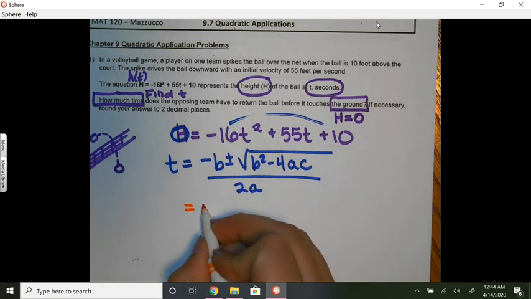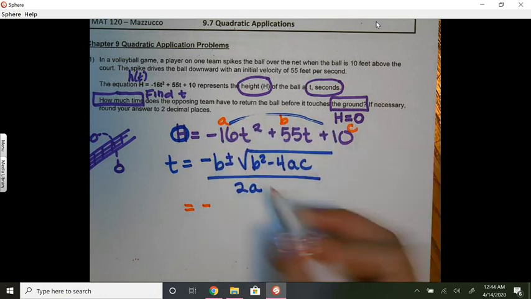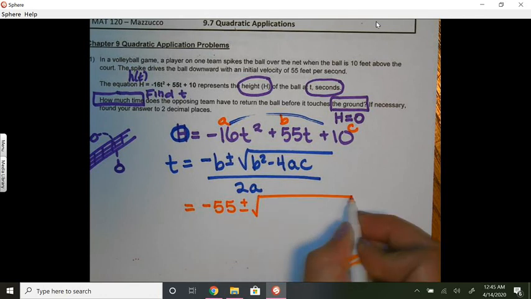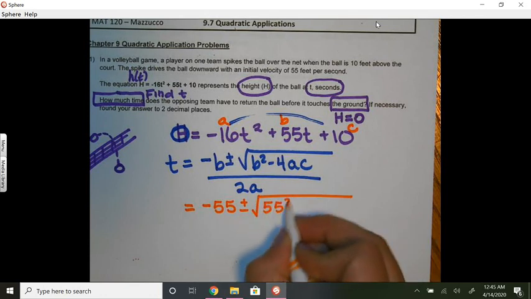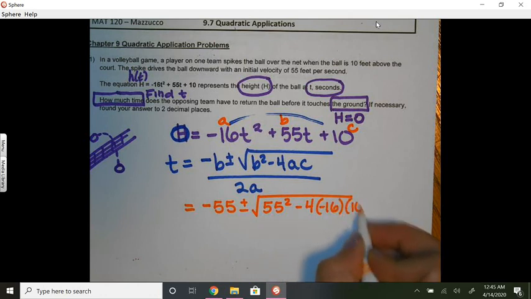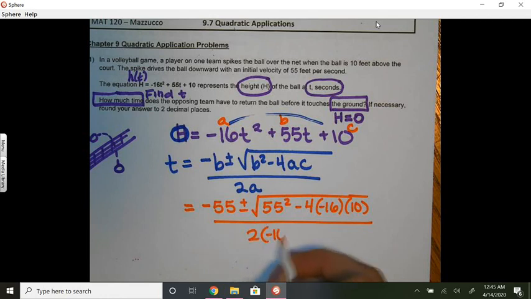So this would be a, this would be b, and this would be c. So negative b plus or minus the square root of b squared minus 4ac, all divided by 2a. Now we're going to go ahead and simplify this.